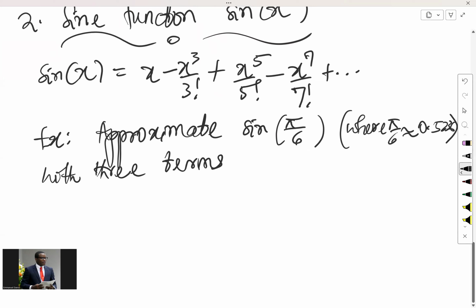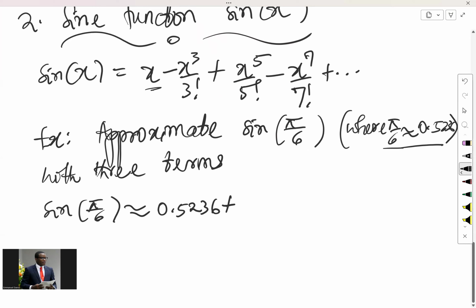So if pi over 6 is 0.5236, it means x now is 0.5236. Then the next term is minus 0.5236 raised to power 3 all over 3 factorial, which is 6.